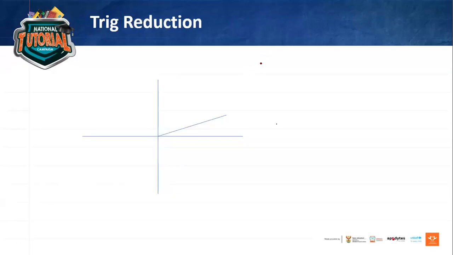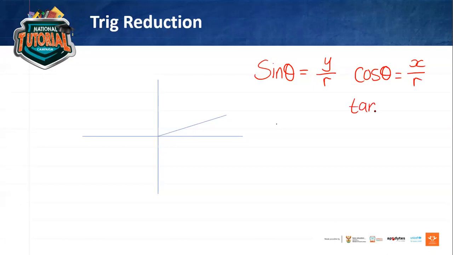From grade 10, you would have learned sine of theta is equal to y over r when we're looking in the Cartesian plane. We've got cos of theta, which is x over r, and tan of theta, which is equal to y over x.